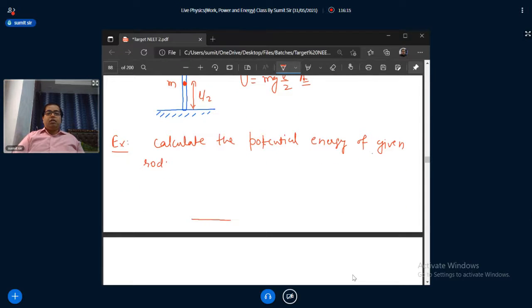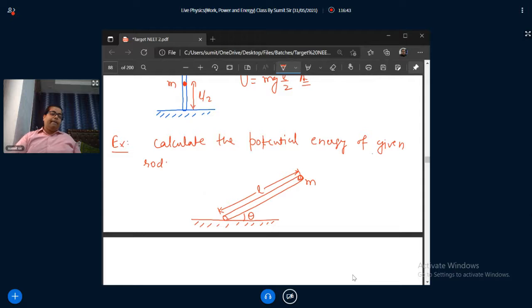This time the rod is at some inclination. How will you calculate this?